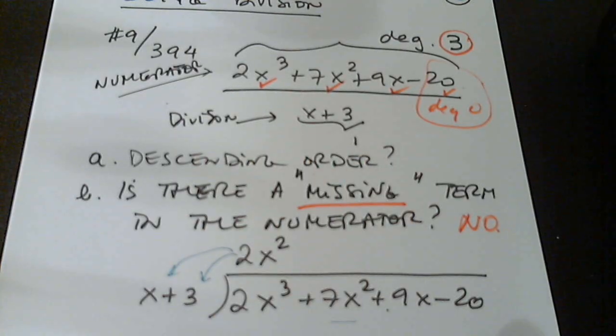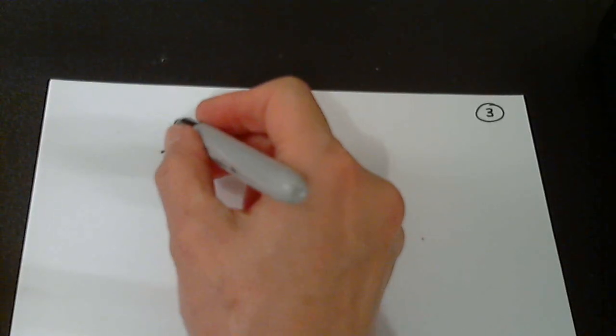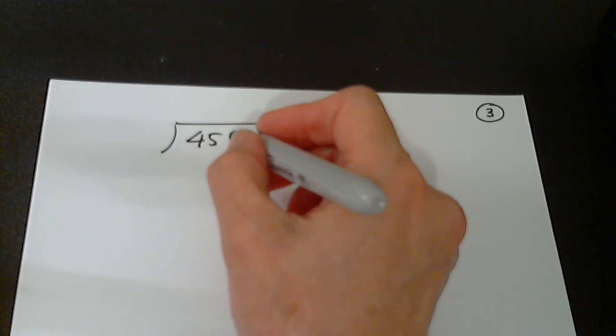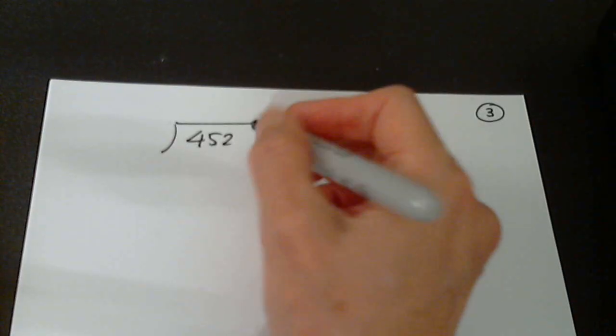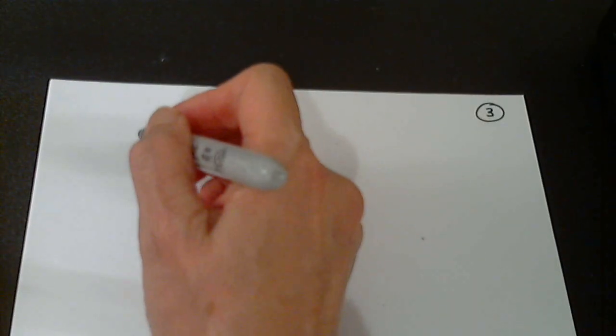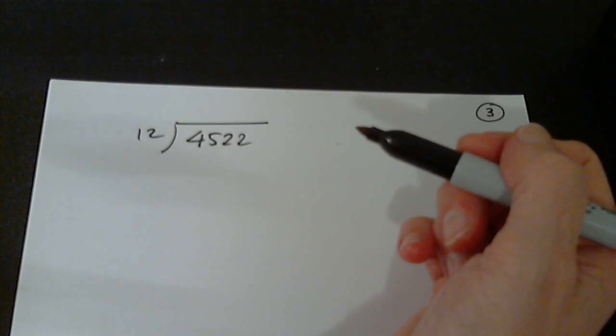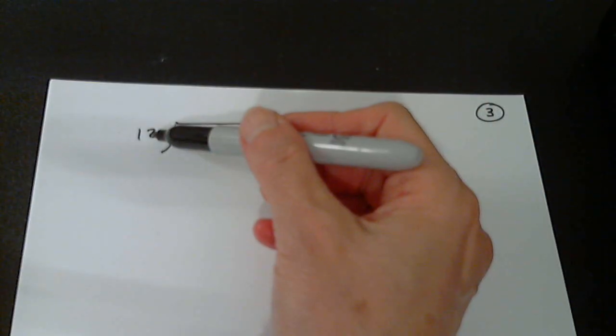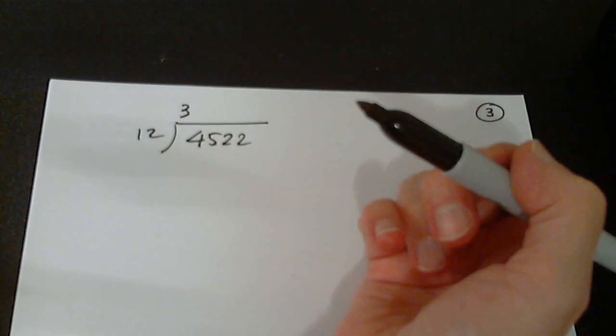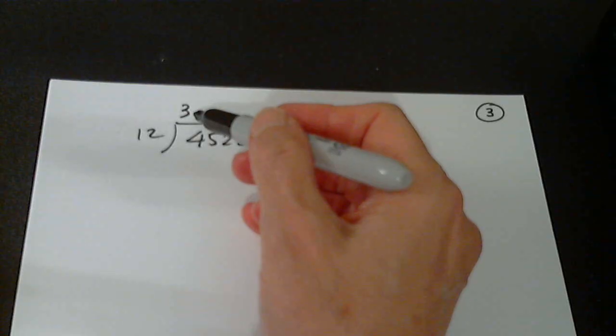Before I continue, I just want to mention something. I know we no longer perform these calculations by hand. But let's suppose I want to divide 4,522 by 12. Well, 12 goes into 45 3 times.